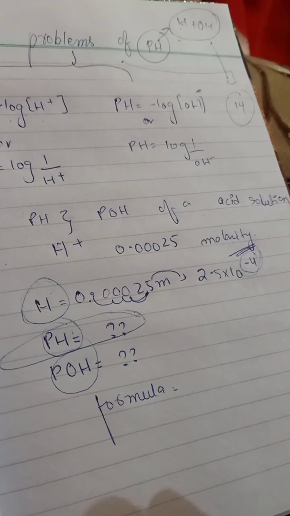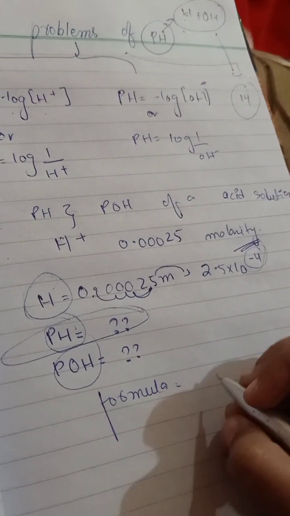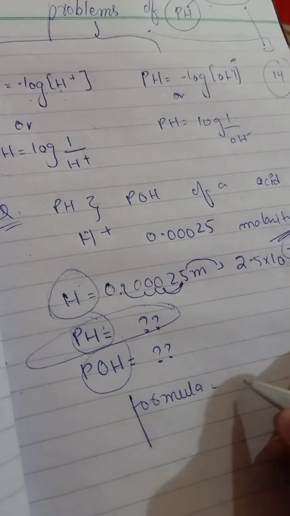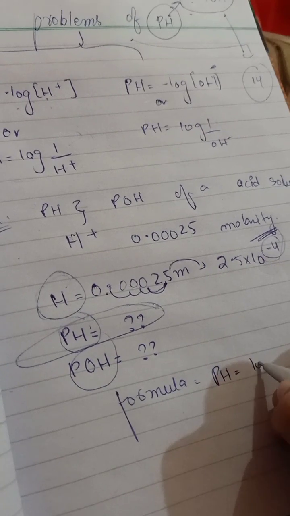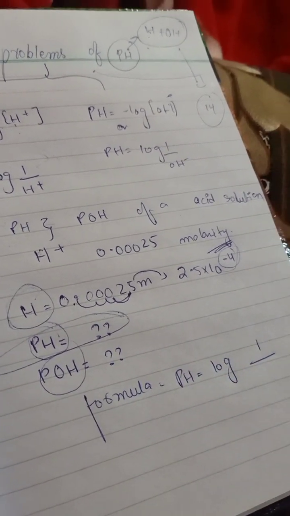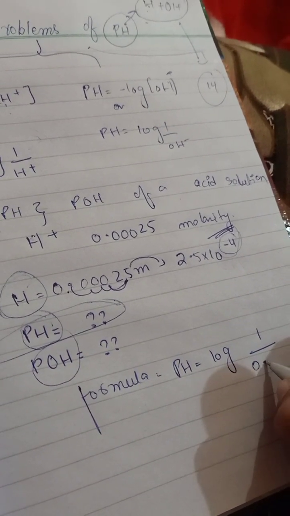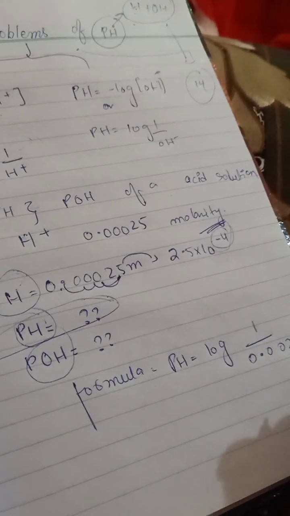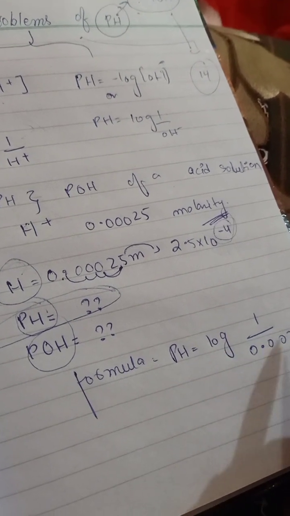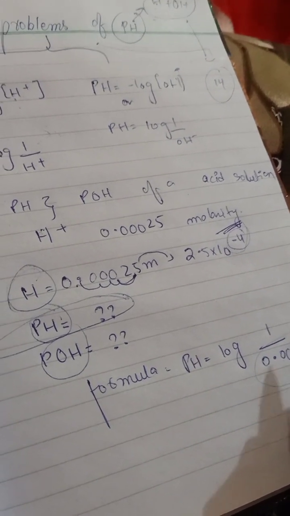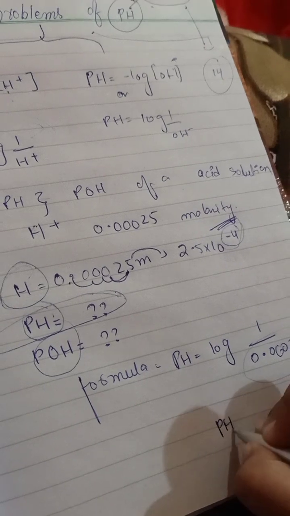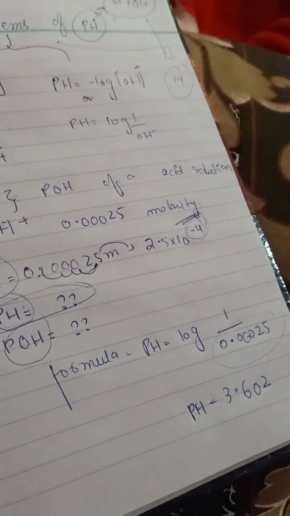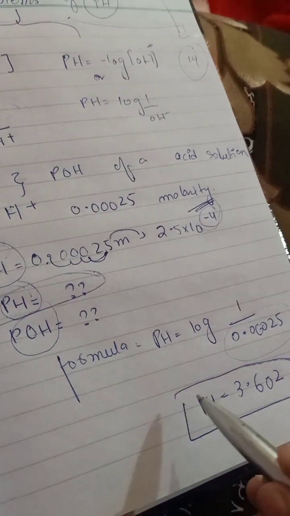We can write either this or this, so I'm writing this: pH is equal to log 1 upon 0.00025. Okay, so if we find the log of this, the answer is pH is equal to 3.602. Okay, so the pH is this.